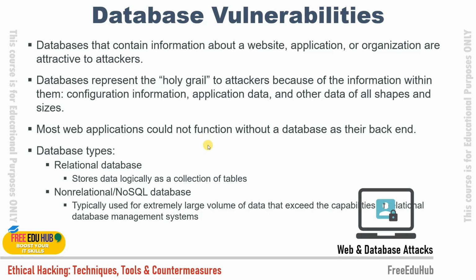Now there are different types of databases. We have relational databases and we have non-relational databases. A relational database stores the data logically as a collection of tables. Each table is in relation to the database and looks like a spreadsheet format. Data can be organized and accessed in different ways as appropriate for the situation.